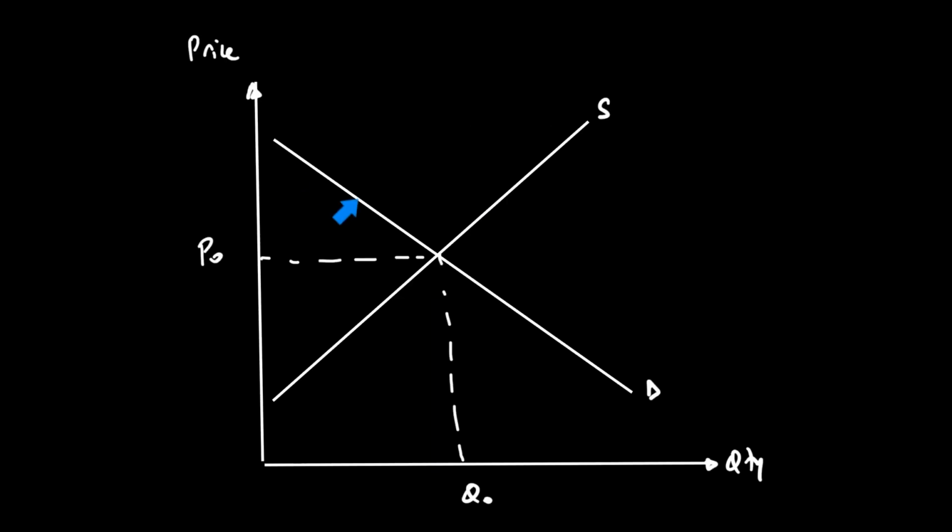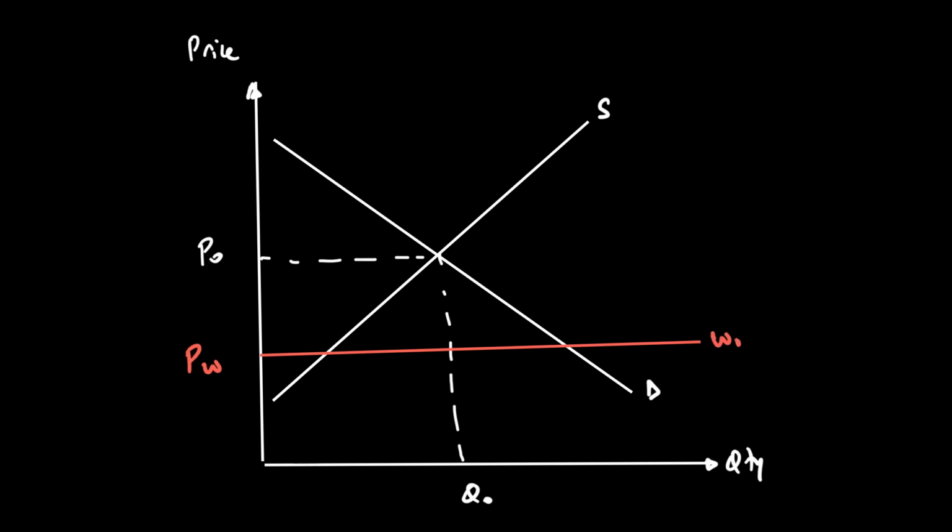So let's say this is demand and supply for lemons that are produced in Pakistan, and currently price is P0 and quantity is Q0. Now let's say world supply is below the domestic price, like P0. Let's say this is my world supply curve, and lemons are sold in the market for PW.